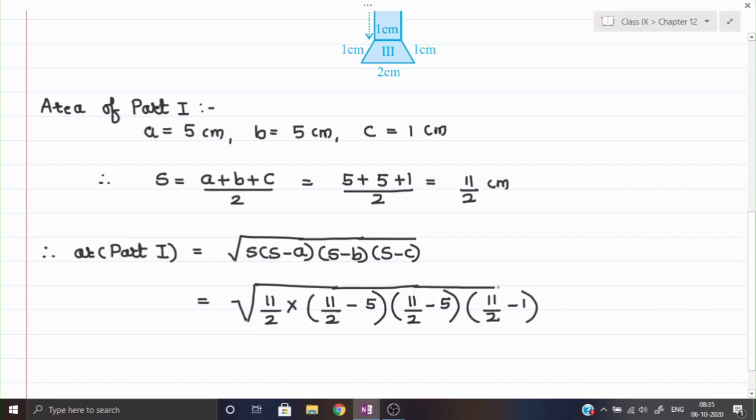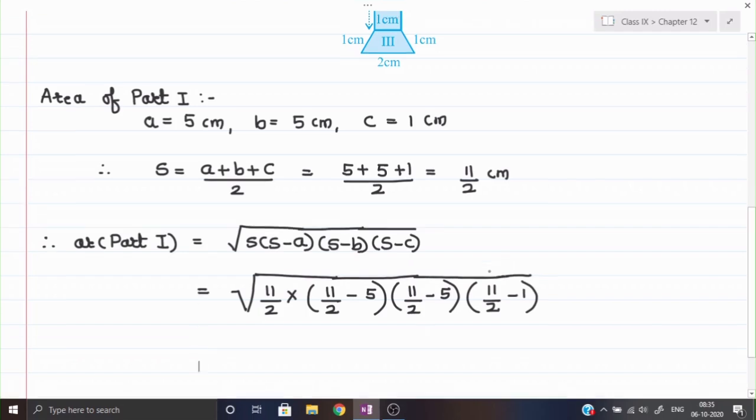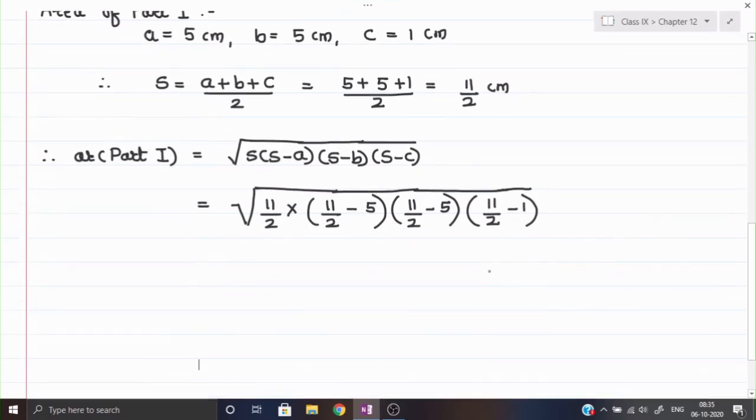Now further we shall subtract first. So 11 upon 2 will be as it is, into. Now see, 11 upon 2 minus 5. If I show you in rough how it will come, 11 upon 2 I am writing as it is, while 5 I am writing as 5 upon 1.